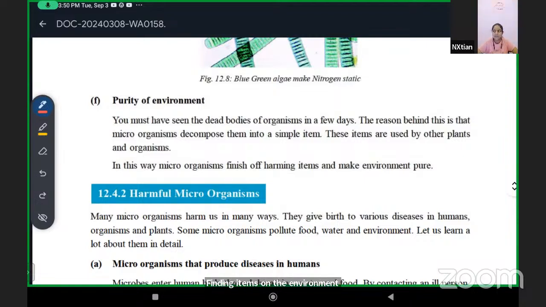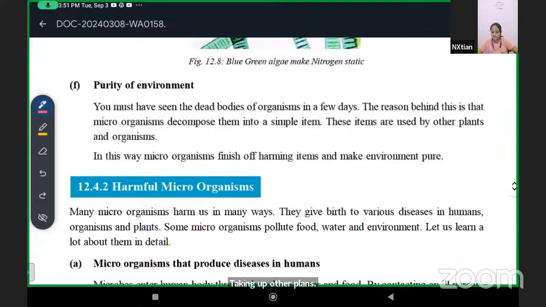Okay. So now the decomposing process. Microorganisms get to the body of a dead animal and start eating it up. And then when only the remains are left, what happens with those remains is that they are absorbed by the soil, and from that soil they are taken up by the plants in the form of nutrients.